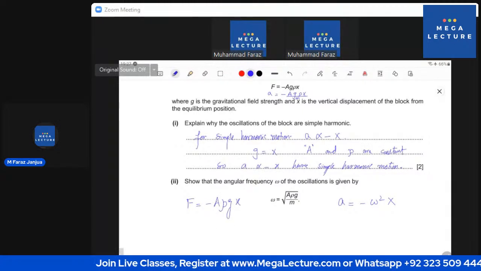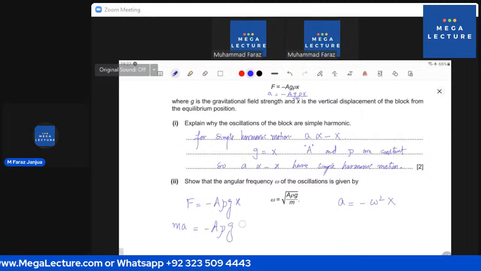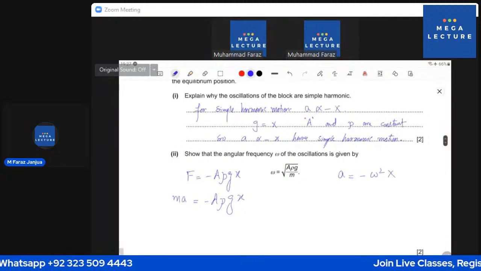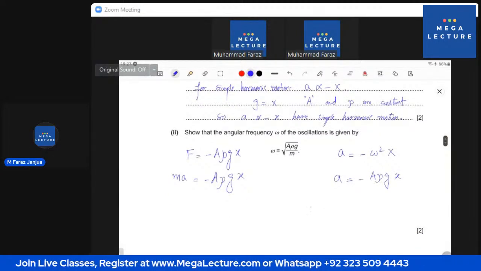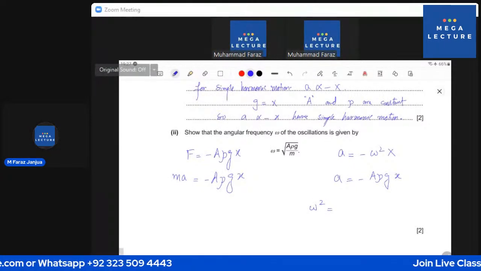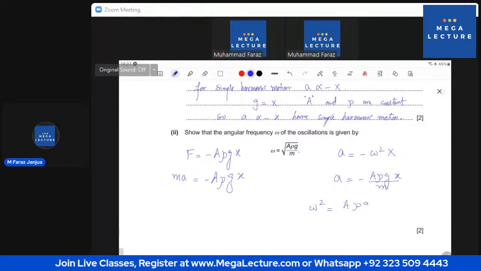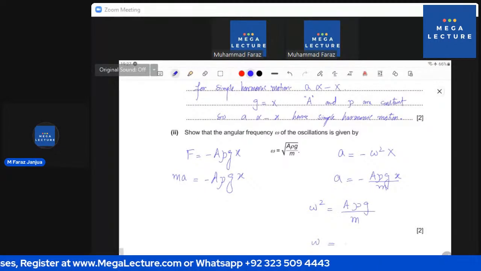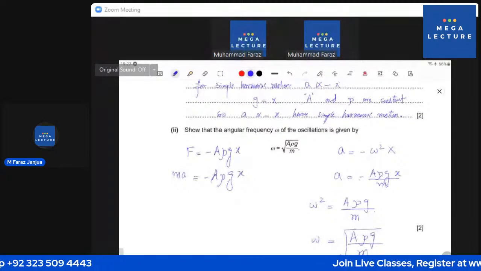F means ma equals minus A rho g x, so a equals minus A rho g x over m, omega square equals A rho g over m, and omega equals the square root of A rho g over m. So this is how we can show this.